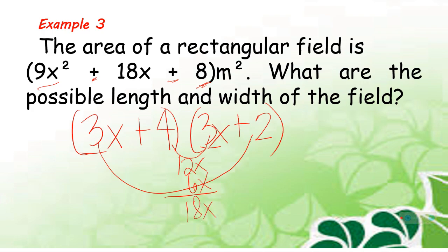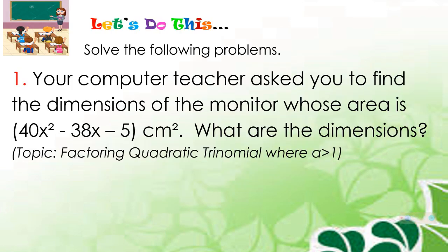Therefore, you have the correct factors: 3x plus 4 times 3x plus 2. So, therefore, your length will be 3x plus 4 meters and your width will be 3x plus 2 meters. Okay? Is there any question? Okay, so I hope you understood.